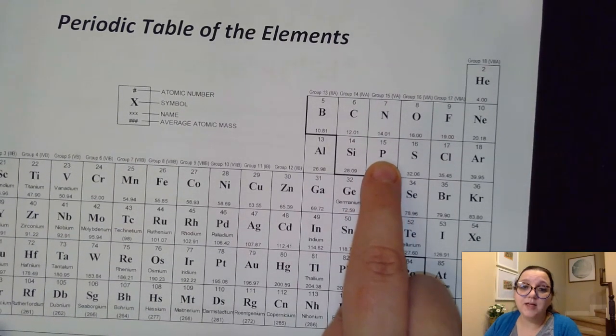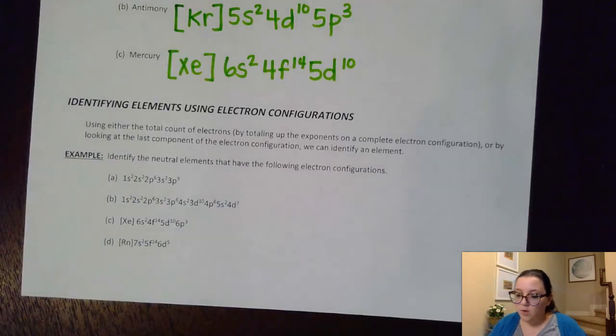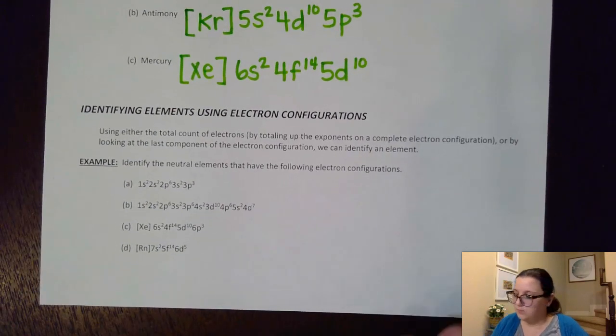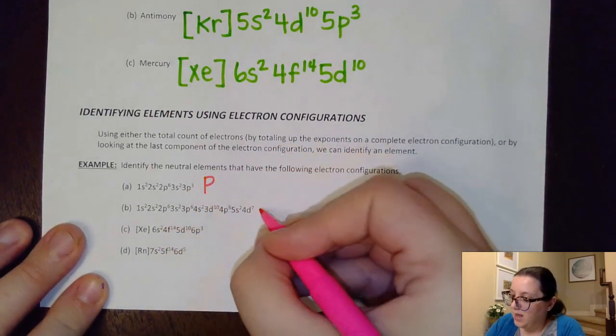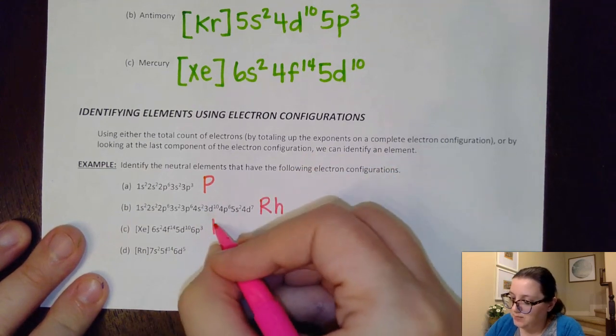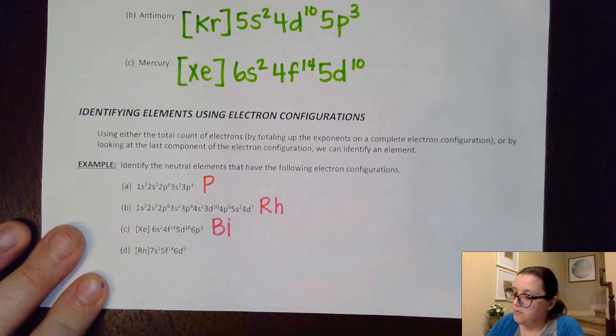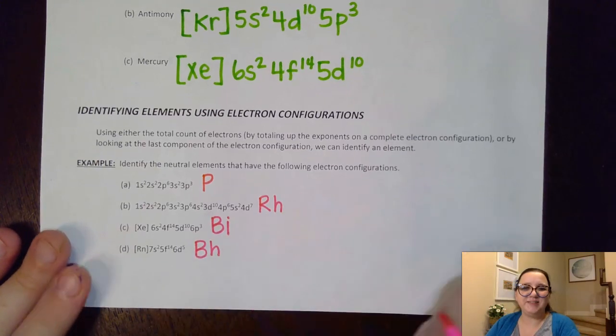Well, the element that has 15 protons is phosphorus. What you should have gotten for these was phosphorus, Rh for this element, Bi or bismuth for this one, and then for the last one you should have gotten Hg. So you can see if those came out for you.